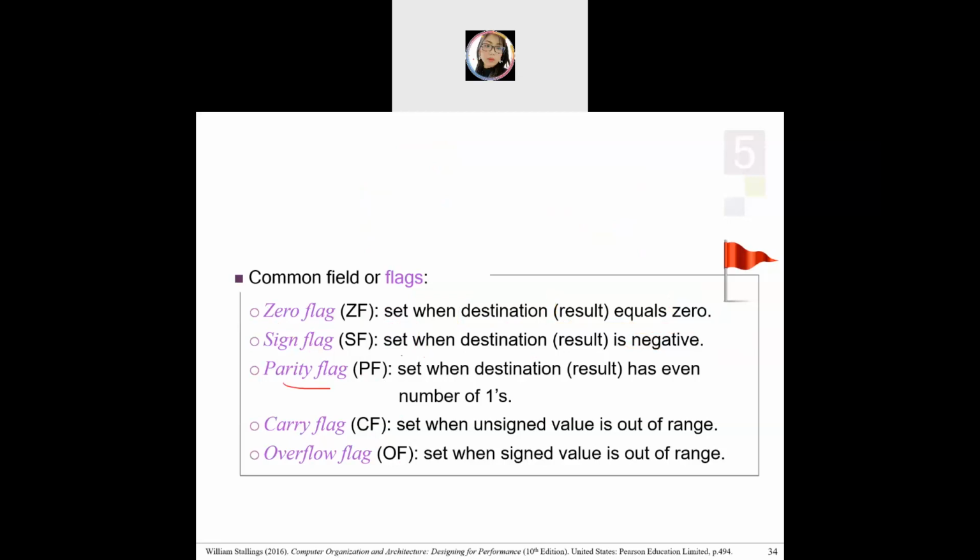You are going to have PF equal to 1 when your result has an even number of 1s. So you need to calculate. Let's say your answer is 101110. You calculate how many bit 1s it has. If it is even, then PF equals 1. If you have 0, then it is odd.